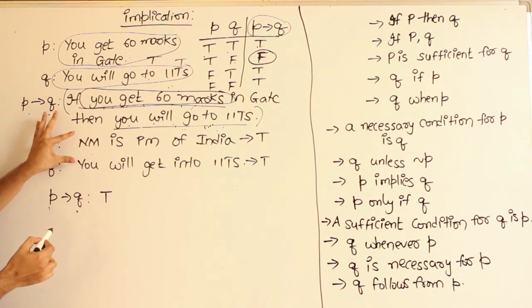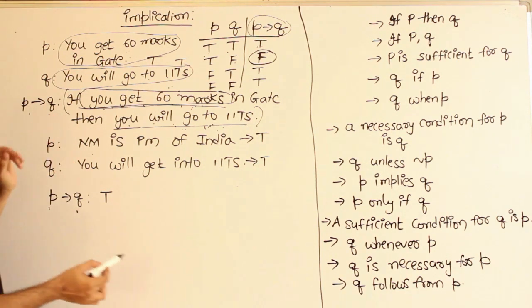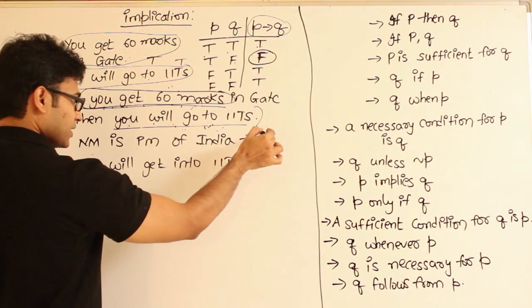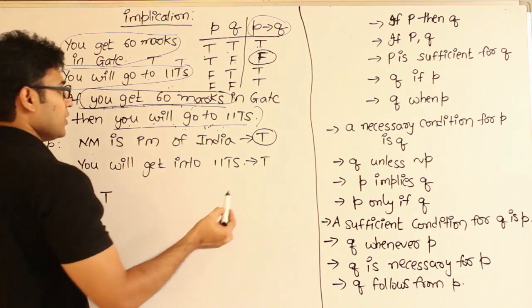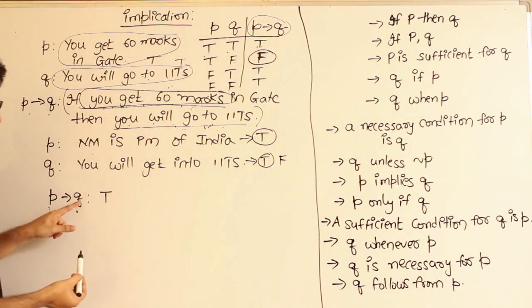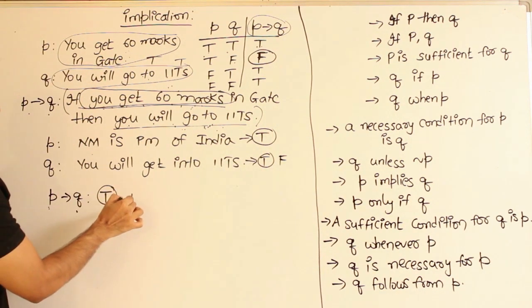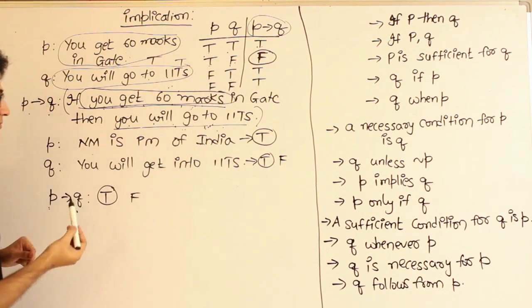Just try to treat them as independent statements. Got it? Now let us say Narendra Modi is PM of India is true, and you didn't get into IITs. This happened to be false. Then what about the truth value of this? Truth value of this one is false, because true implies false is going to be false.